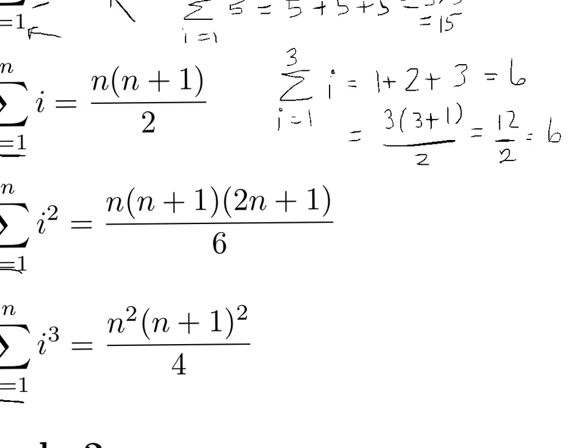Okay, did you get 6? If we do it the long way, writing out 1 plus 2 plus 3, we get 6. And if we use the plugging in version, 3 times 3 plus 1 over 2 gives us 12 over 2, which is also equal to 6.